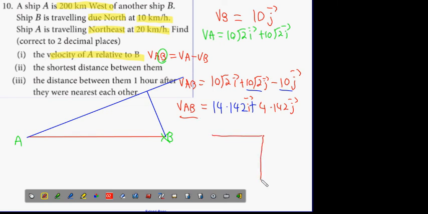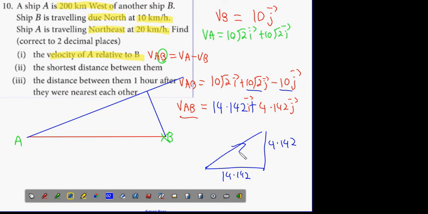To find information about it, what we're going to do is Pythagoras' theorem. And to do Pythagoras' theorem, we go up and across. So it's 14.142 across and 4.142 up. I want to find out how fast it's going for a start.